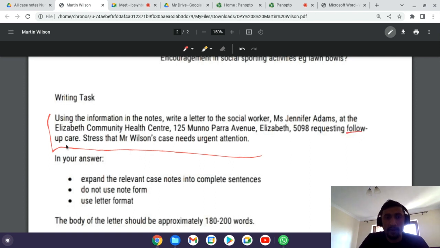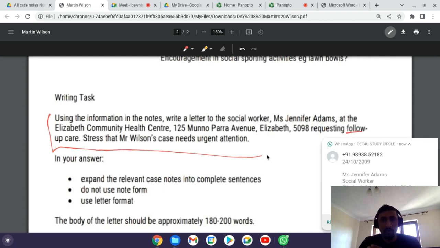Yes. But what I'm saying is you are looking only at the writing task in front of you. You don't know anything about the top of the case note at the moment. You are in an exam hall, reading the writing task for the first time.